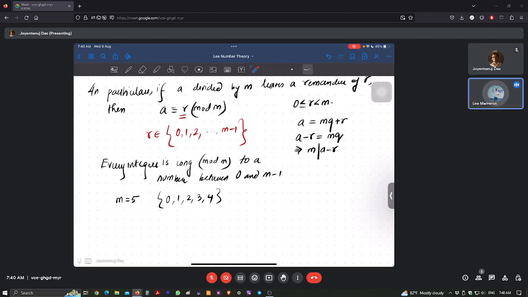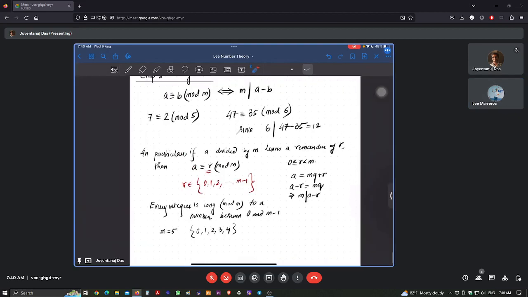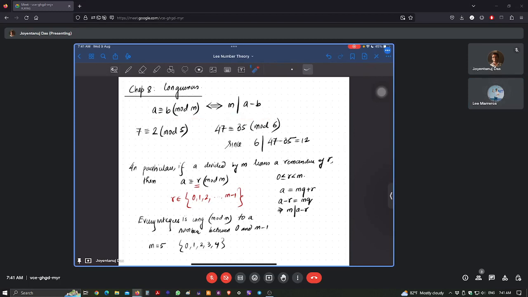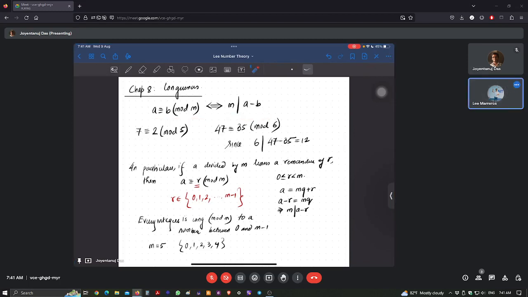So when you define the congruency, you include 3 variables: A, B, and M. Right.